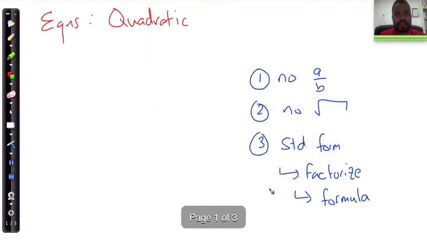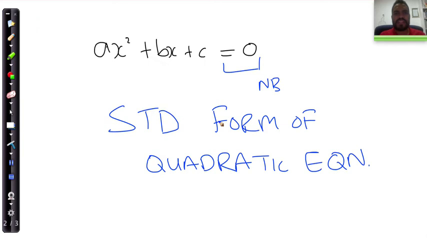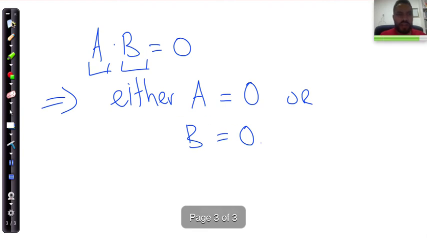Okay, so let's apply this and look at the first example of a quadratic equation, right? So I'm going to give you something that looks like this: x squared is equal to x. Now, this is one that we look at at grade 12 and grade 11 level, and people often make a mistake by dividing both sides by x.